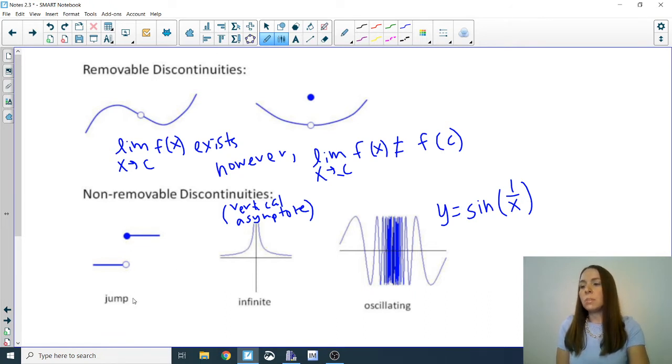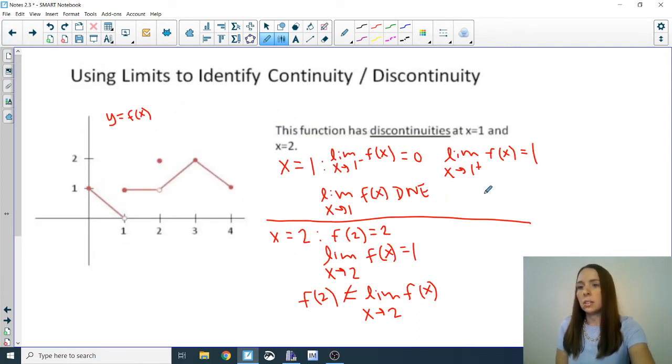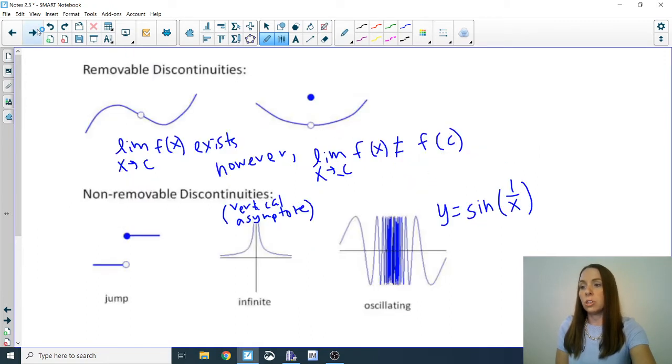So for a jump discontinuity, how you establish that it is a jump, we already saw one of those. Remember right here, x equals 1. This is a jump, right? You can say that your limit as x approaches that value does not exist.